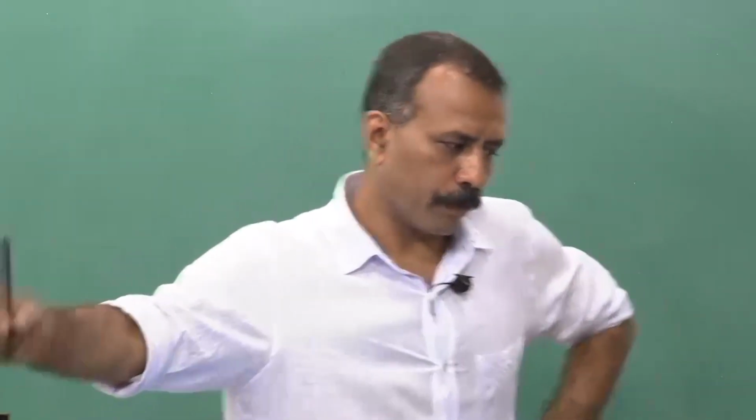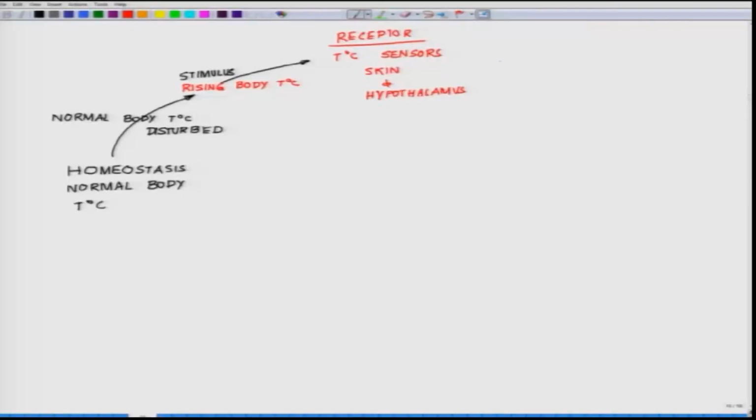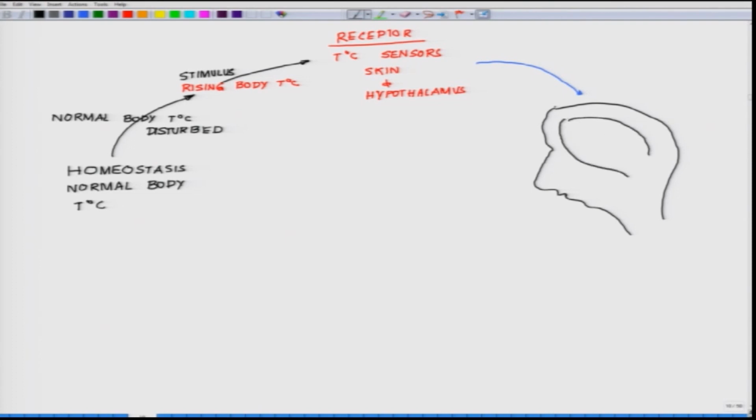Once this happens, what will happen? This information that there is an increase in temperature goes to the control center. Okay. So, I told you where the hypothalamus is. This is the brain stem which is going, and the hypothalamus is sitting somewhere out here.